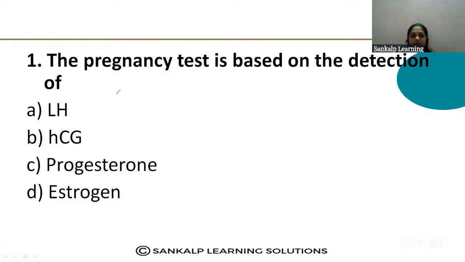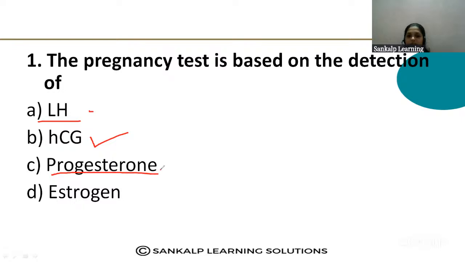Okay, look at the first question. The pregnancy test is based on the detection of which hormone? The answer is human chorionic gonadotropin. Luteinizing hormone is high at the time of the release of the ovum, but not during pregnancy. It does not help in detecting pregnancy.